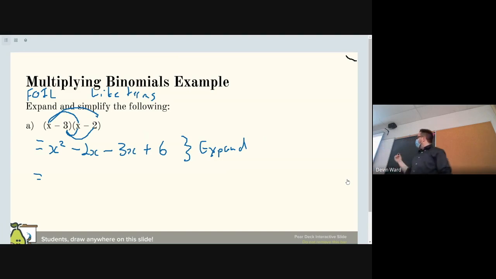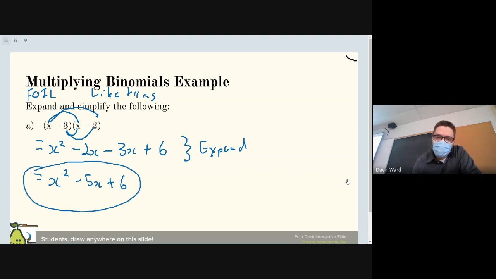You have minus 2, minus 3, which is negative 5x. Perfect. Squared. Okay, and that was the simplify.